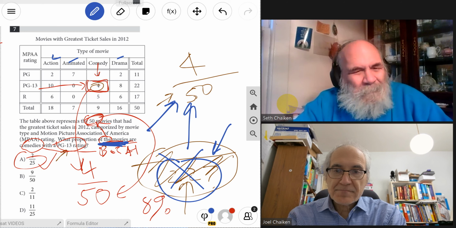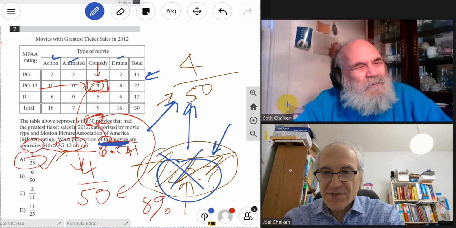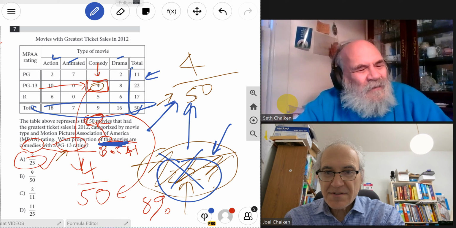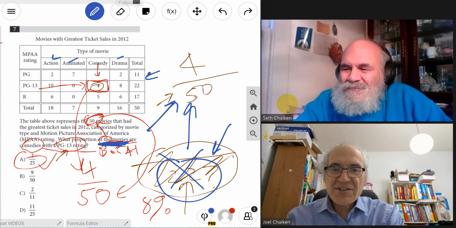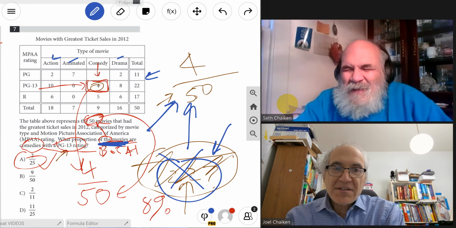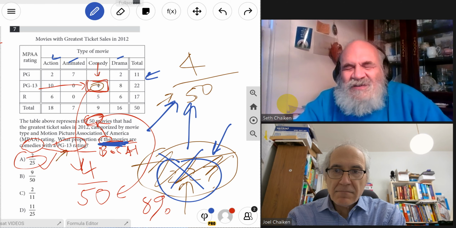Well, yeah. The reason why they call it marginal probability is because there are these margins. See the margins? There's a little bit of conditional probability here. Actually, there's not much conditional probability. It's just a table of the data. How many of each? They categorize the movies in two separate kinds of categories.